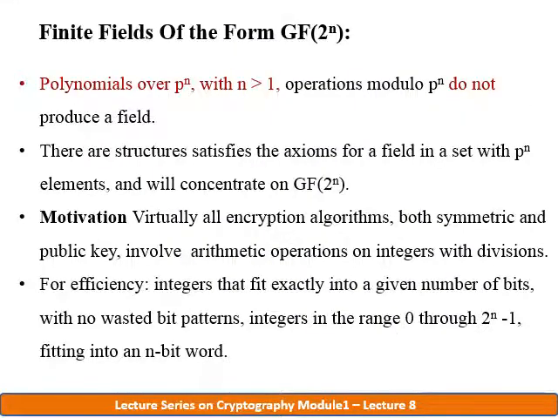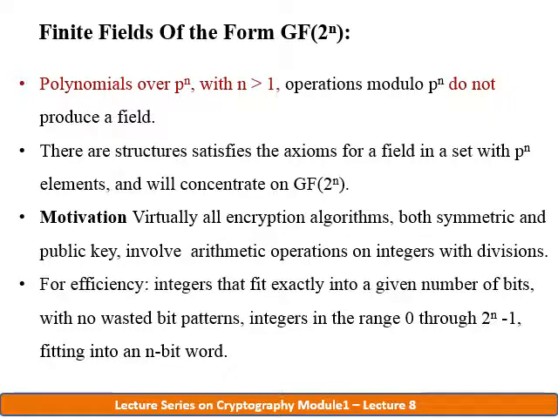The finite fields of the form Galois field 2 to the power of n. For polynomials over p raised to n, with n greater than 1, operations modulo p to the power of n do not produce a field.